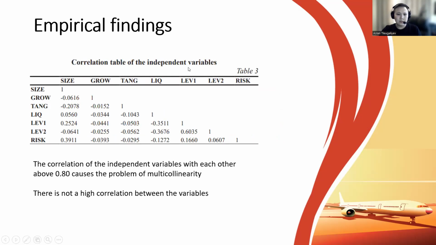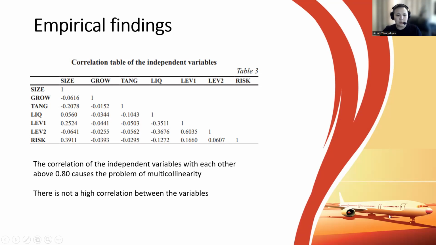Before conducting and interpreting the regression results, it's necessary to test for a number of issues which make our econometric model biased and unreliable.